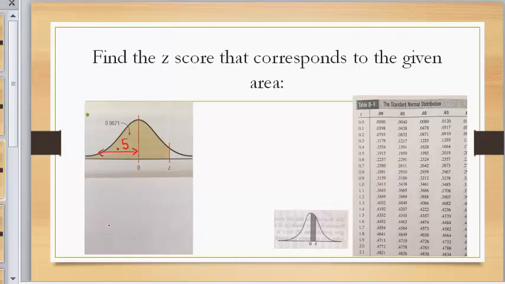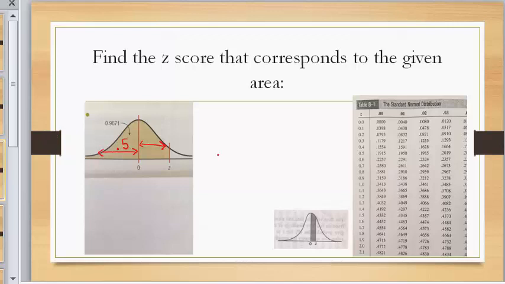Therefore, that area is 0.5. Now, the next thing I need to do is figure out what this part is. Now, remember, to get the 0.9671, you added 0.5 and whatever this was, and together those two pieces made 0.9671.